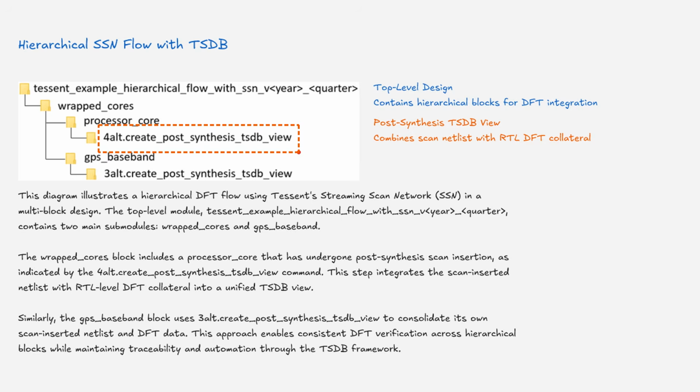This step integrates the scan-inserted netlist with RTL-level DFT collateral into a unified TSDB view. Similarly, the GPS baseband block uses 3-alt create post-synthesis TSDB view to consolidate its own scan-inserted netlist and DFT data. This approach enables consistent DFT verification across hierarchical blocks while maintaining traceability and automation through the TSDB framework.